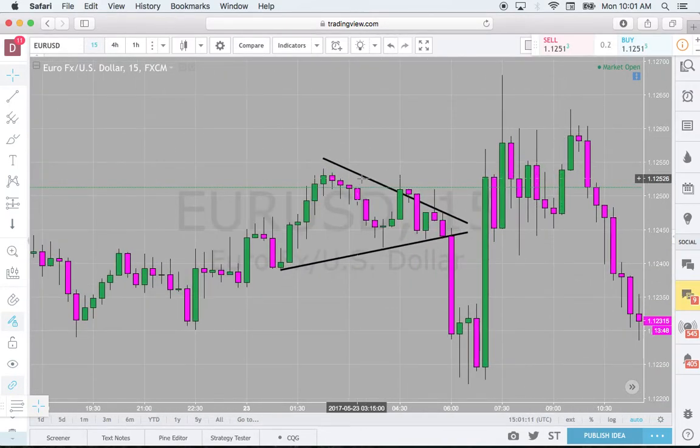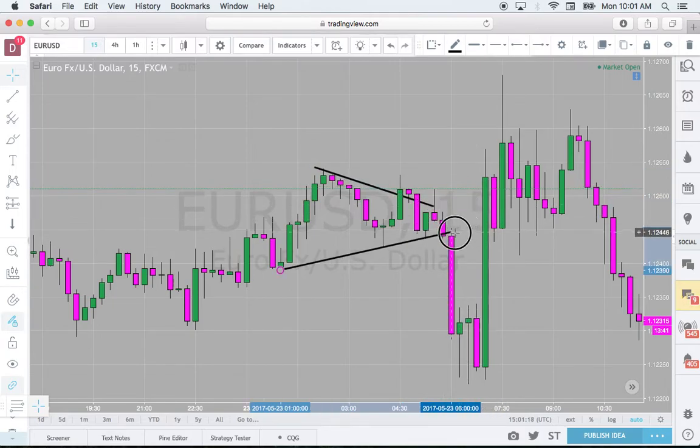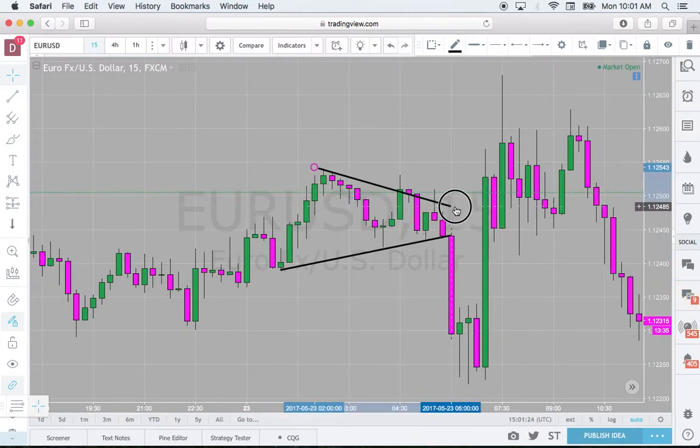So let's say, as a retail trader, you were taught to trade wedge breakouts, right? Let's say you saw this wedge and traded it as a sell, you saw this breakout, and you got into the sell right here.